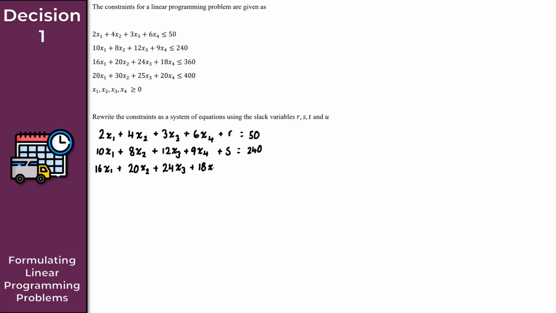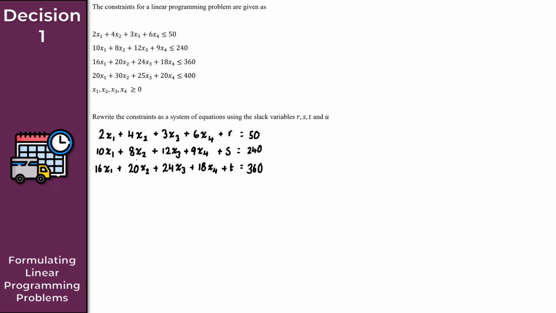Again, we need to introduce one of these slack variables, so plus t, and this is equal to 360. Perfect. Let's just keep going.